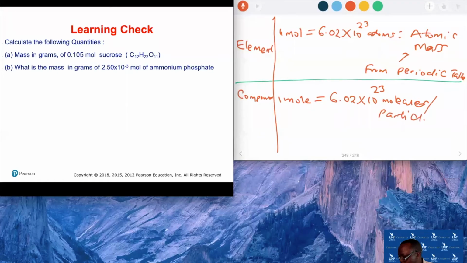Sometimes they use particles, which equals the molar mass. And you know how to find this from the periodic table.